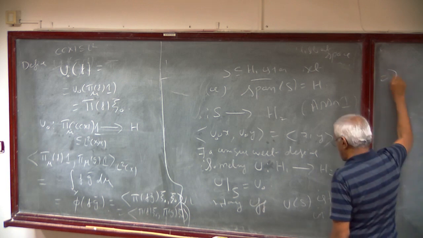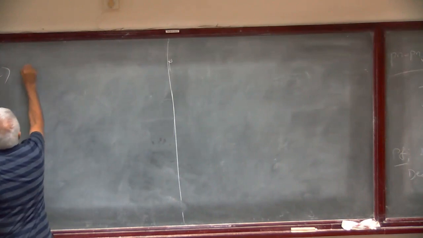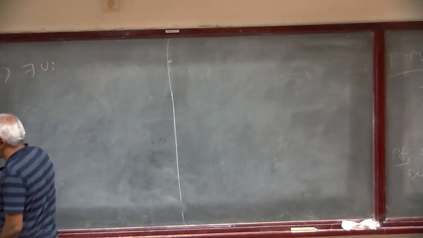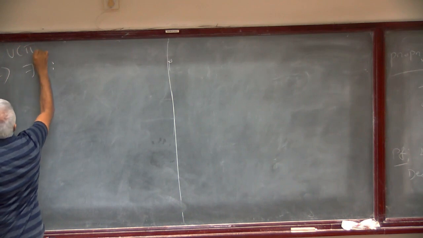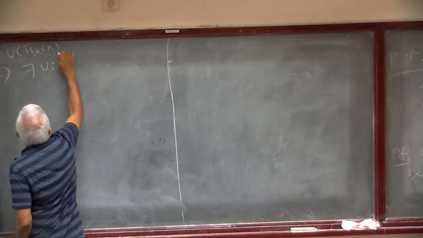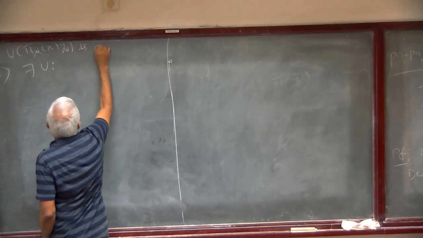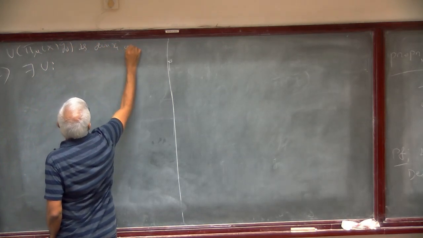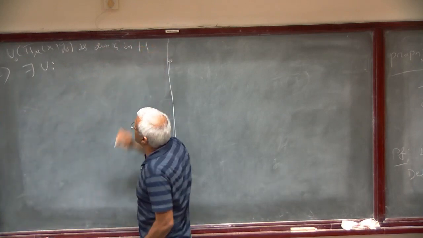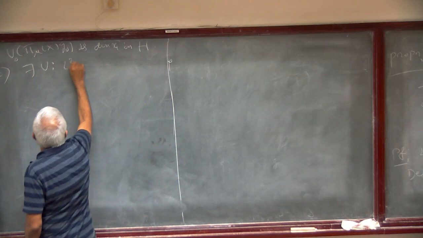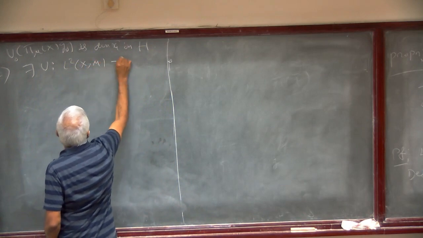So this implies that it's a unitary, and clearly by mu of x, maybe that's called G naught. No? G naught is dense in H.